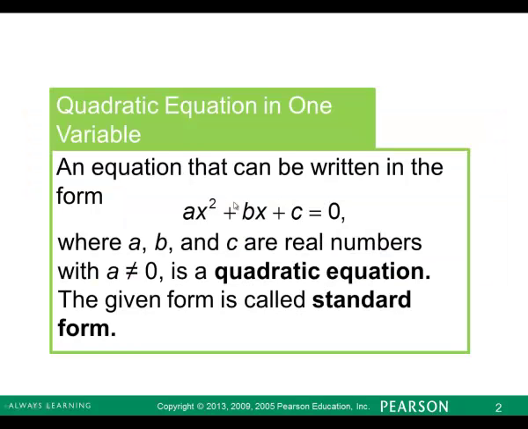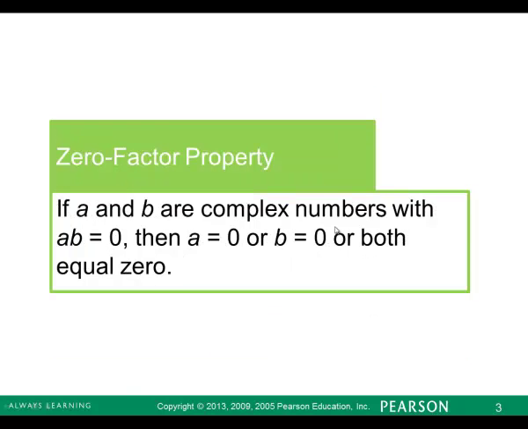Okay, here we have a quadratic equation, basically x squared. In order to solve, this is what's known as standard form, where the highest exponent goes first, then the next highest, and so on. Now, when we solve a quadratic equation, we use what's called the zero factor property.